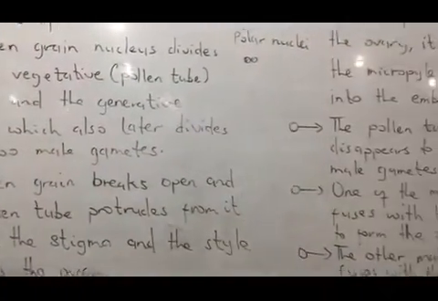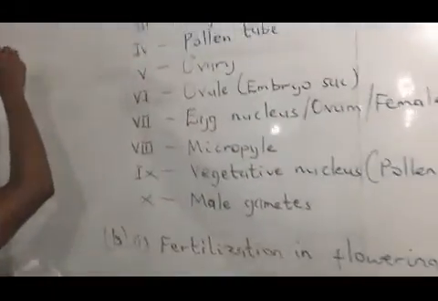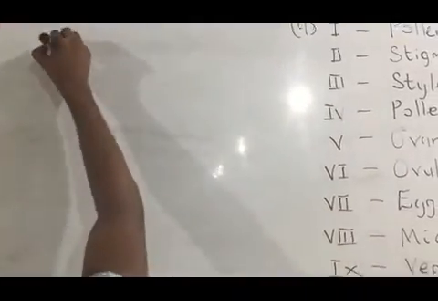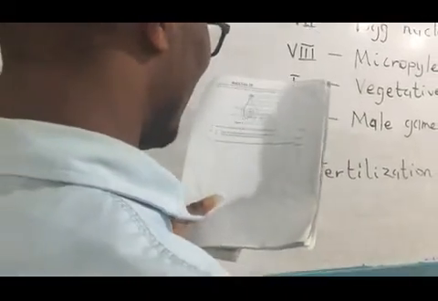There is a C part of the question, the last part. It says, state what happens to each of the parts labeled I, V, and VI.